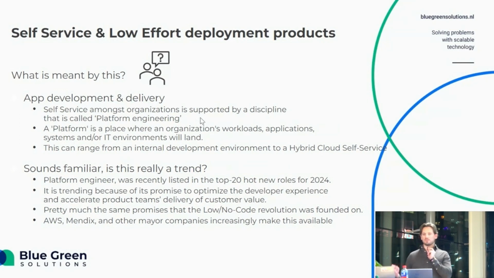It promises to optimize developer experience and accelerate product team delivery. It's pretty much the same wave that once contributed to the growth of low-code. You can achieve more in less time and focus only on your core problems, your execution. You don't have to be full stack, so to say.